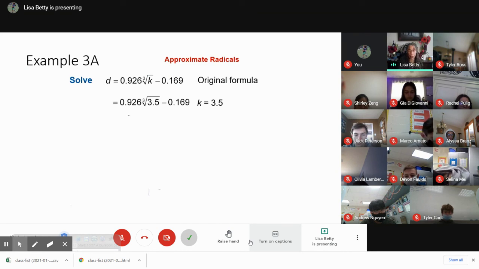I didn't queue up Wabbit, and I'm not going to, but I will tell you how I would type it in. It would say times 3.5. There is a cube root button, but I tend to use the 3.5 to the first power, to the 1 divided by 3. Times 3.5 to the 1/3 power minus, and frankly, I wouldn't bother to write the 0 if I was typing in a calculator.